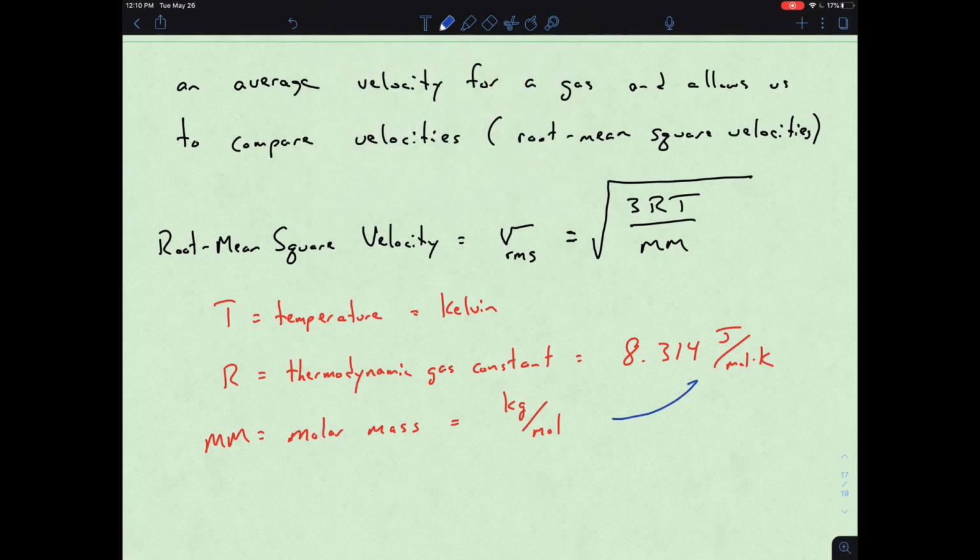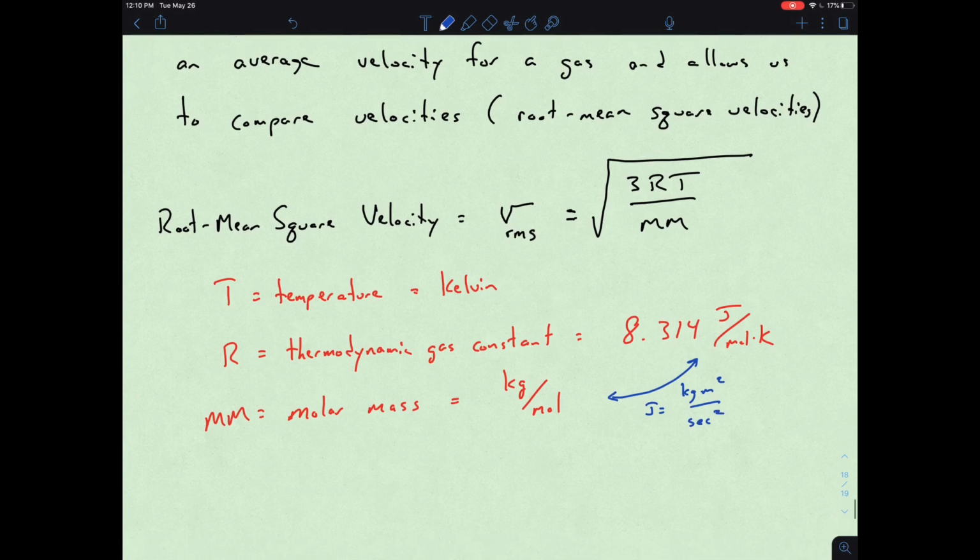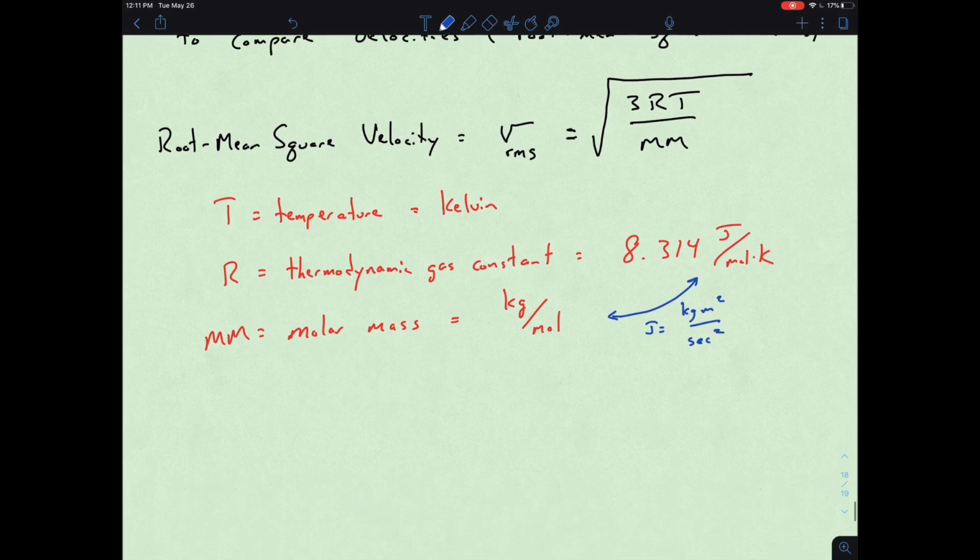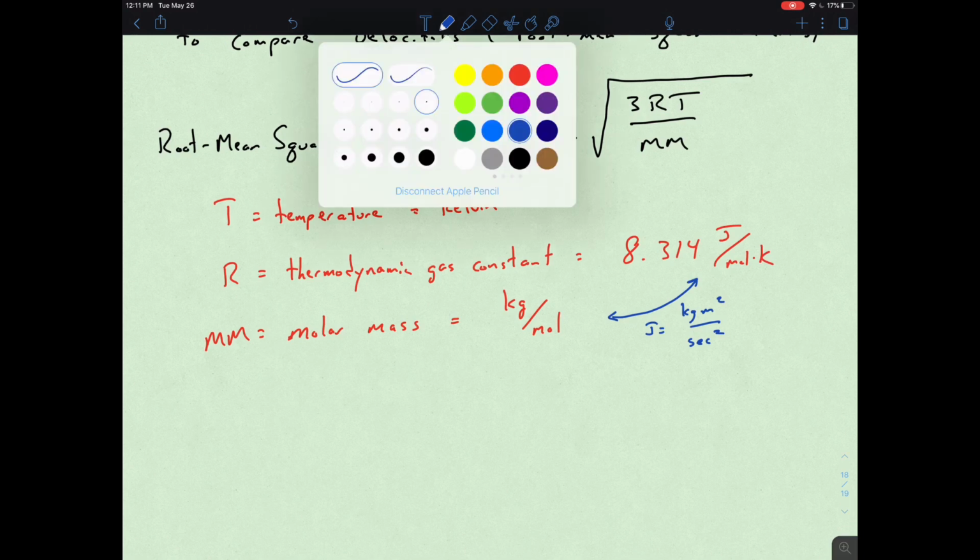And again, that's that relationship between the joule and the units that make up the joule, the kilogram meter squared per second squared. But all in all, it's a pretty simple equation to use to just determine the root mean square velocity of a particular gas. Some of the problems that we run into is the R value, making sure we have the thermodynamic R. And then also commonly we see the mistake in terms of molar mass.